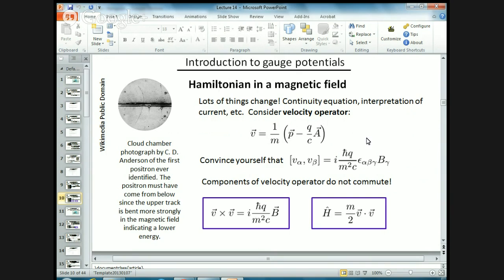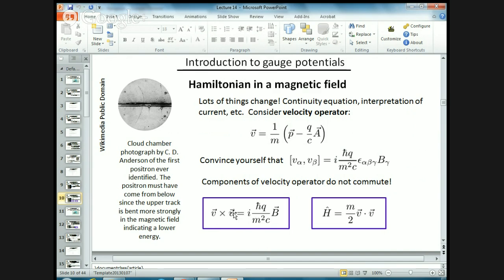And amazingly, the different Cartesian components of the velocity operator no longer commute with each other. So for no magnetic field, the velocity operator is just p over m, and the components px, py, and pz all commute with each other. You turn on the magnetic field, and the velocities no longer commute. Here's the expression, but I like to write it this way to show how quantum and how magnetic it is.